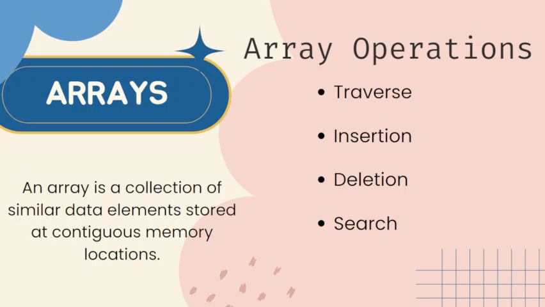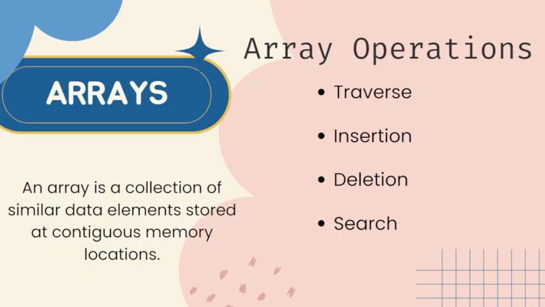Then insertion. When we talk about insertion, you are simply adding more elements to the array, thereby increasing the size of the array. Then deletion is simply deleting an element from an array, and when you delete an element, you are reducing the size of the array, right?